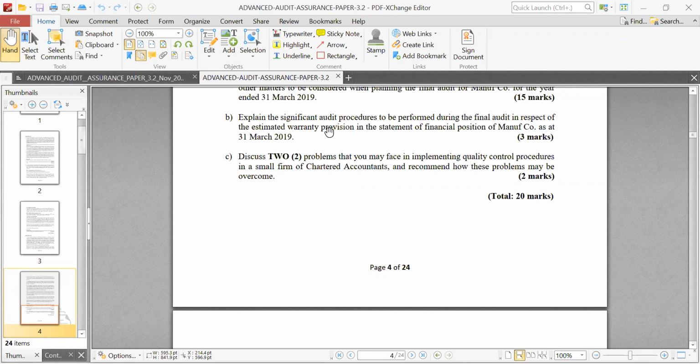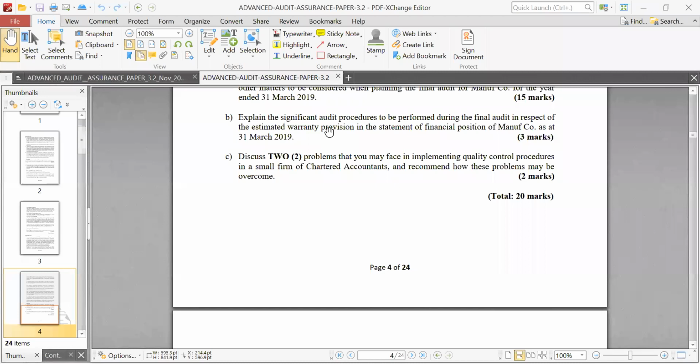Can anyone take a shot at it? Remember that when we were doing our first pass question, I mentioned that there are 8 general audit procedures. I don't know if you remember.